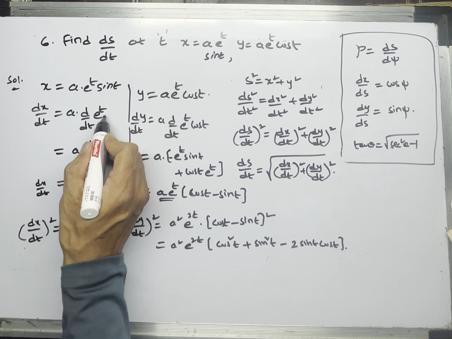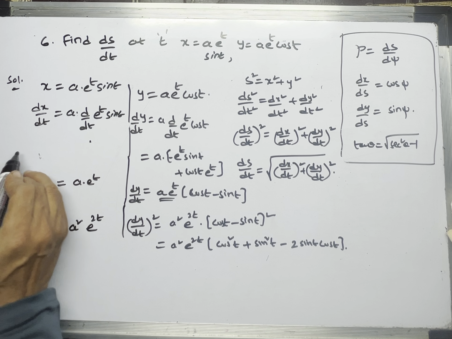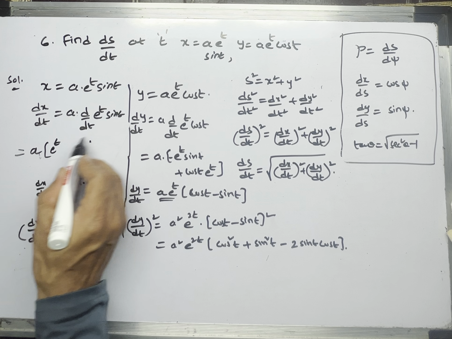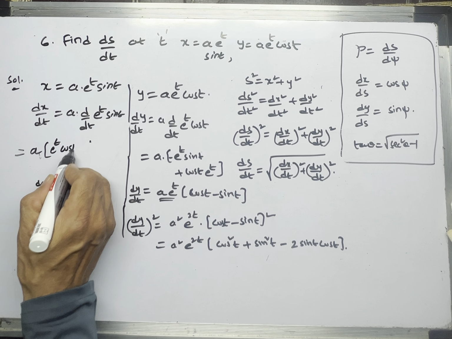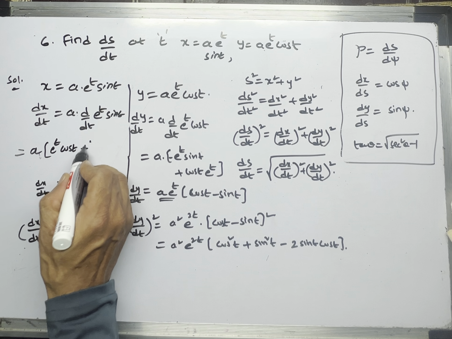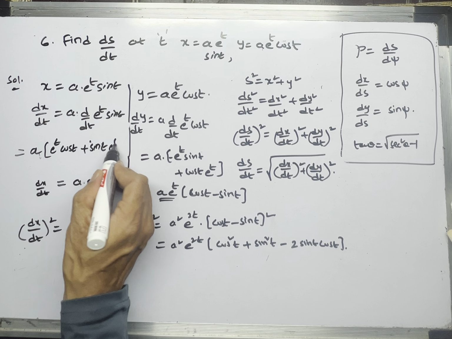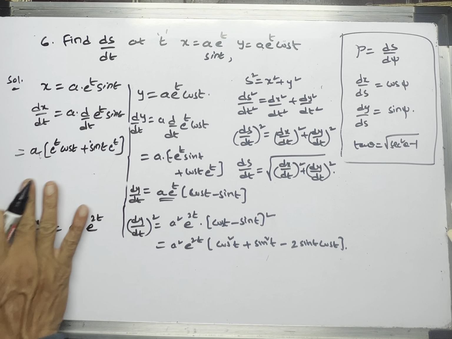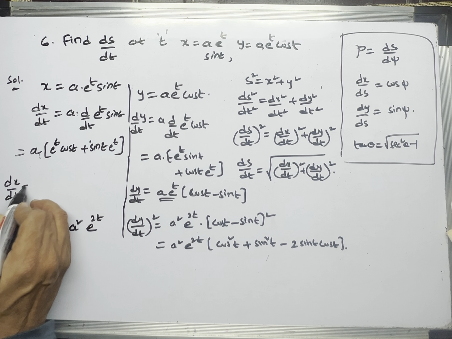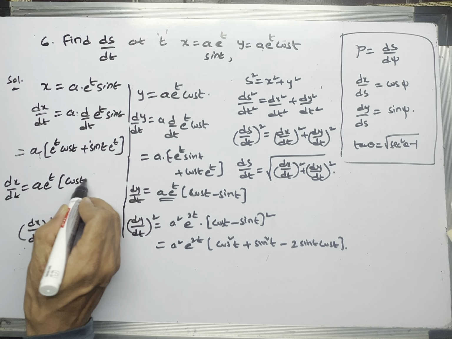Here e power t into sin t, a common, uv form, u derivative of sin is cos plus v derivative of u. So we got this one as dx by dt equals a into e power t cos t plus sin t.